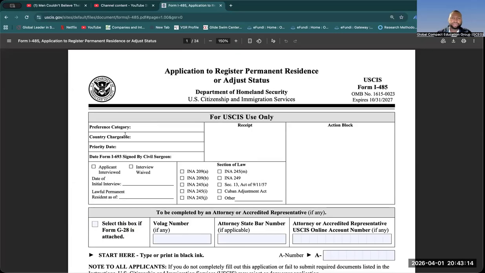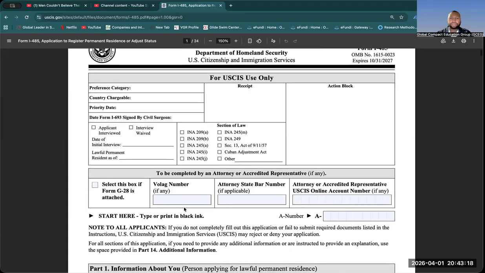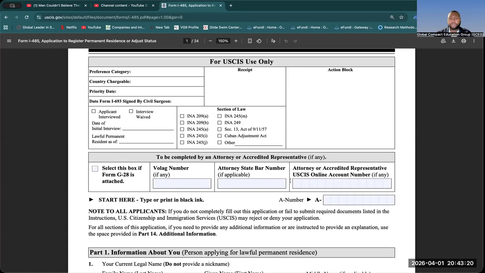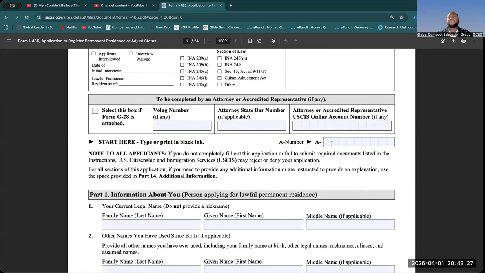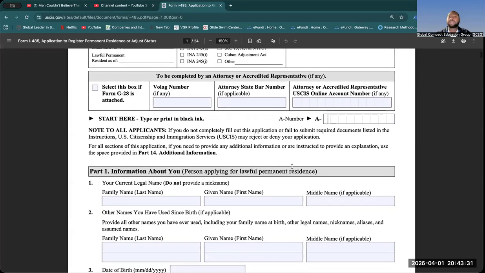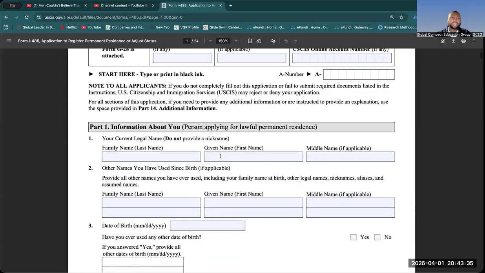So basically, the first section is for USCIS, and this is to be completed by an attorney. You start from here. You first put your A number, the one that's on your employment authorization, if you have it. If you don't, then you do not. Then you put your current legal names here.